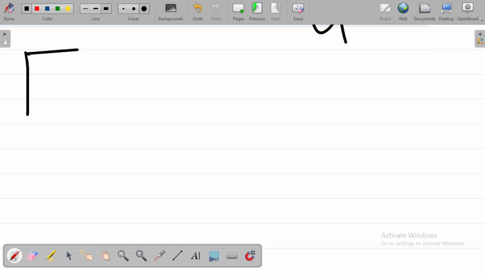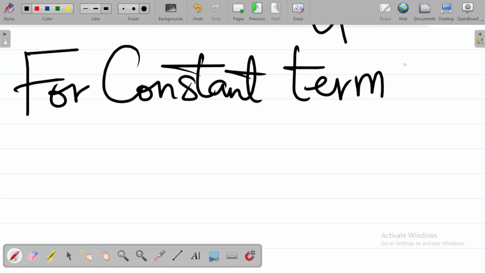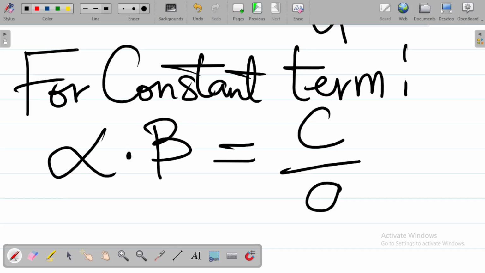And then for the constant term, comparing both equation 2 and equation 3, we have that alpha multiplied by beta is equal to c all over a.